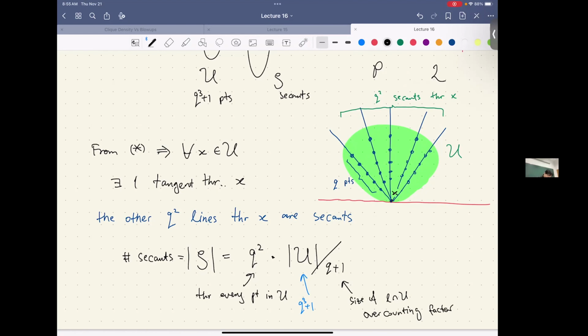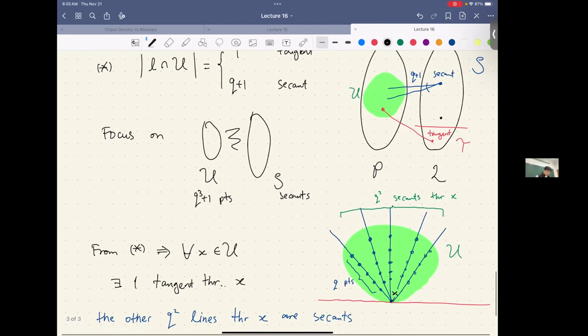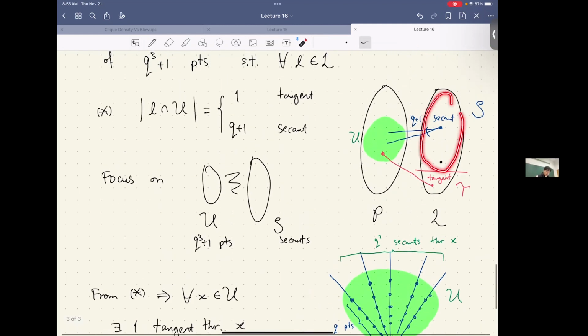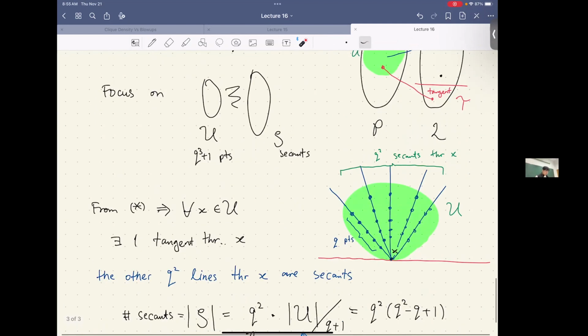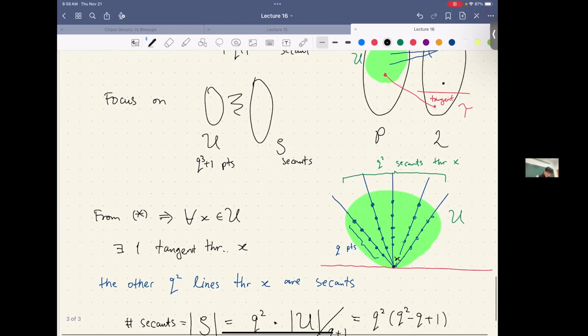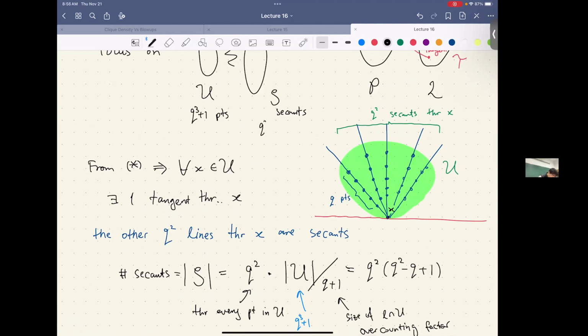And you get q squared minus q plus 1 times q squared, which is again roughly q to the 4 lines. So the number of secant lines is still almost all lines, q to the 4, but the number of unital points is q to the 3, a lower order.